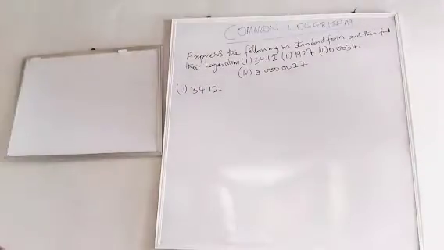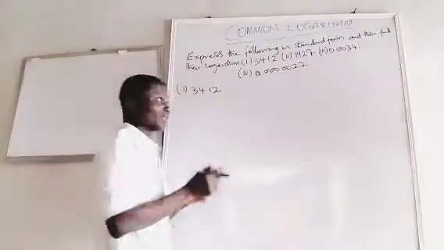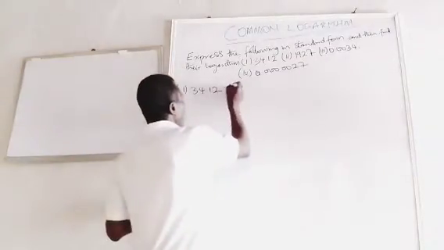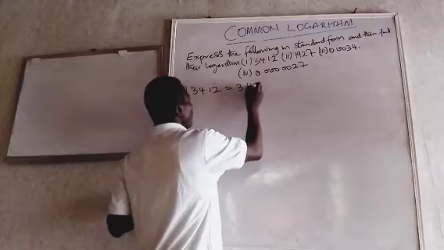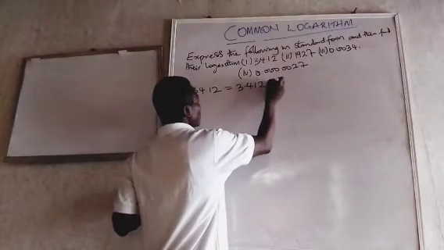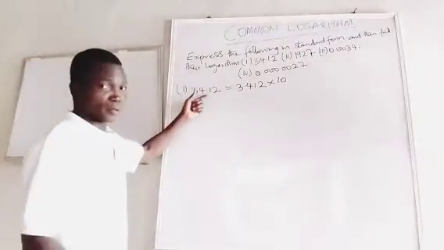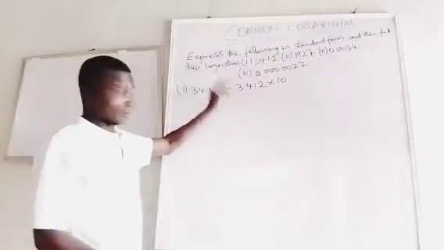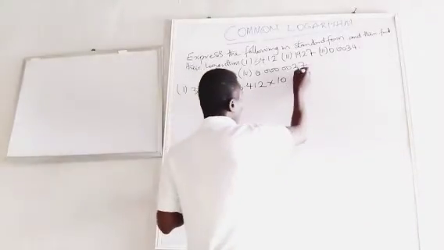Now if we have 34.12, I want to express it in standard form. It's going to be 3.412 times 10. That is in standard form.